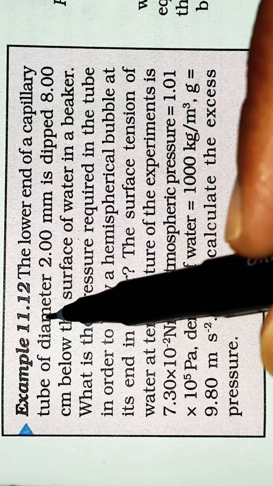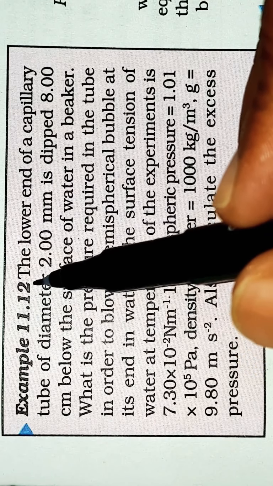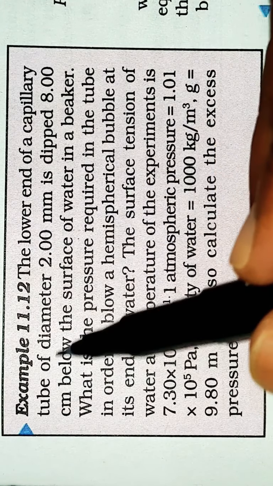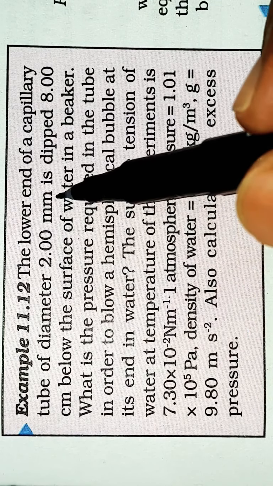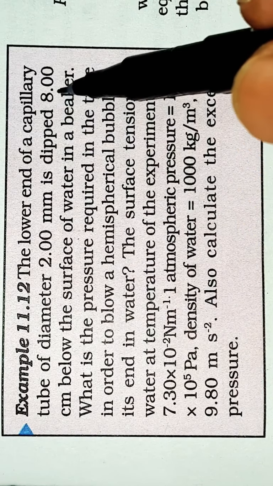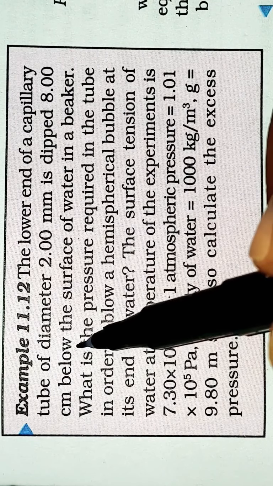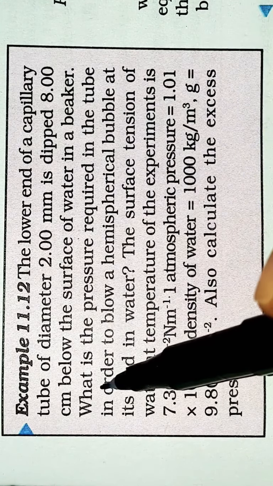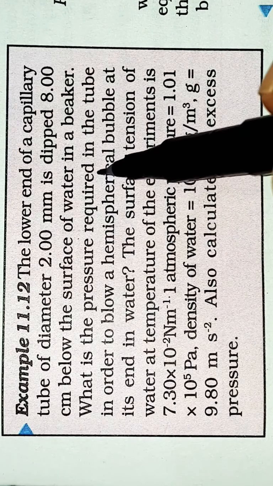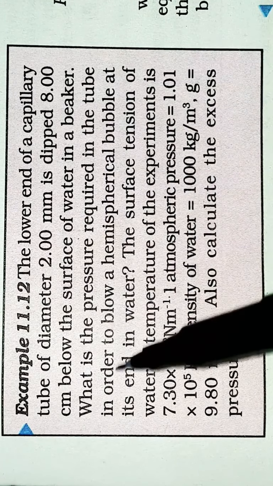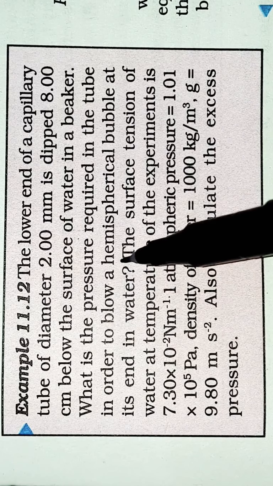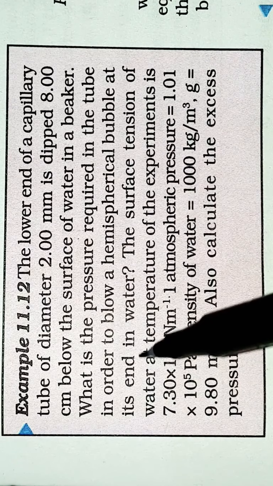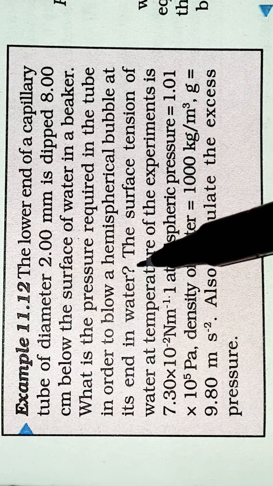See the example problem 11.12. The lower end of a capillary tube of diameter 2 mm is dipped 8 cm below the surface of water in a beaker. What is the pressure required in the tube in order to blow a hemispherical bubble at its end in water?